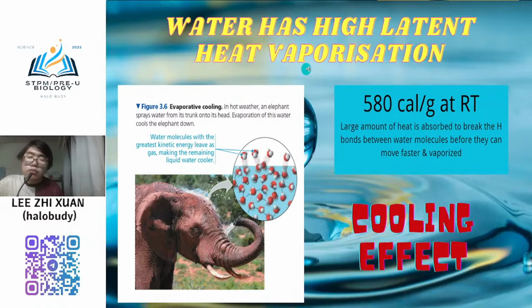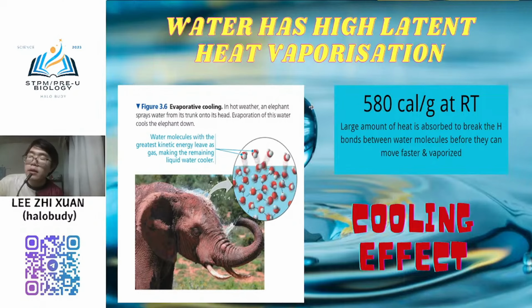The definition is how much energy is needed to make a molecule transfer from one phase to another phase. In the case of water, how much energy I need to use to transfer liquid water molecules into gas.